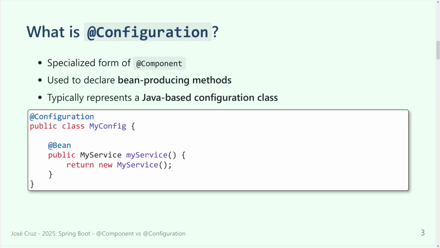Meaning it will create a class with these methods inside, and it will decide if it has to execute the method or not. For instance, if it is a singleton, it will not execute it, because it was already created at the start, so it was executed once, so there is no reason to execute the method again.